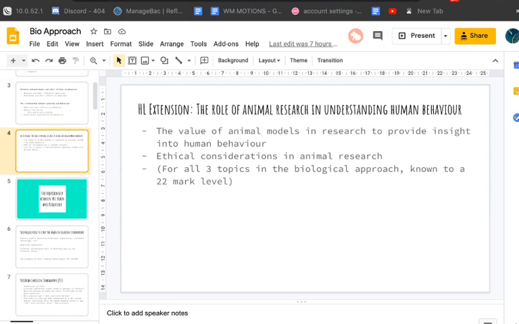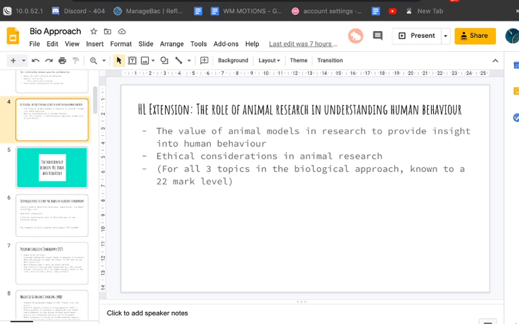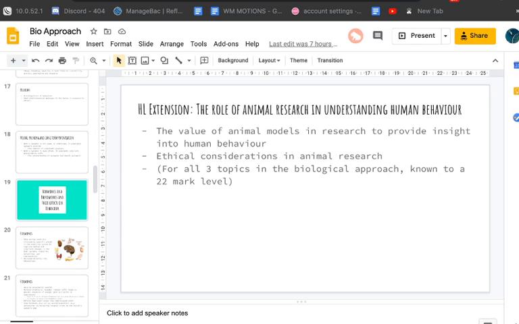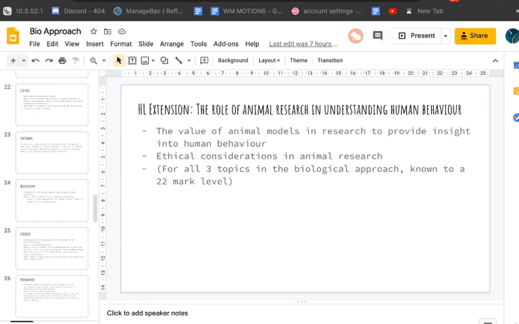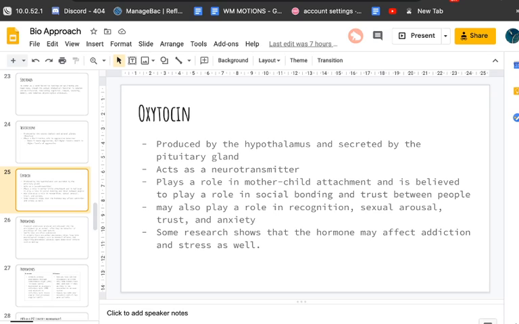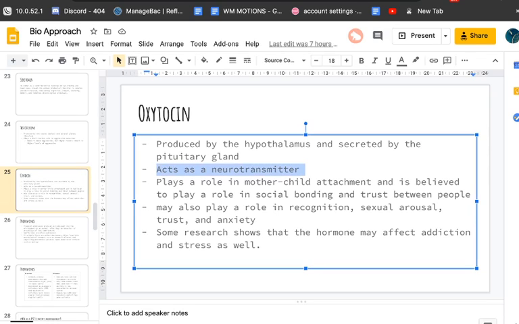So it plays a role in mother-child attachment and is believed to play a role in social bonding and trust between people, and it also plays a role in recognition, sexual arousal, and anxiety. There are studies that show it might affect addiction and stress as well. So there's a lot going on.